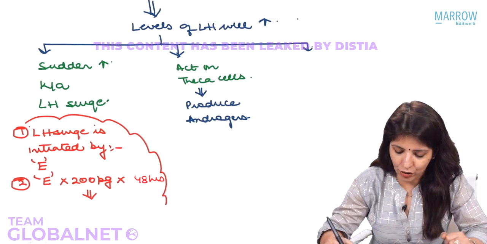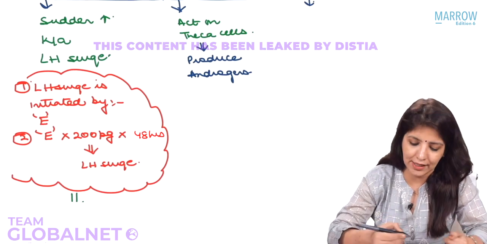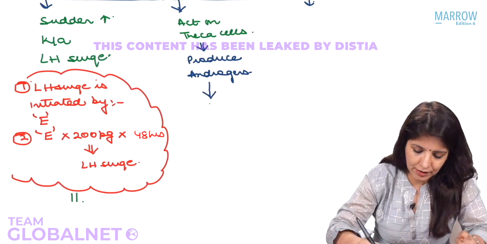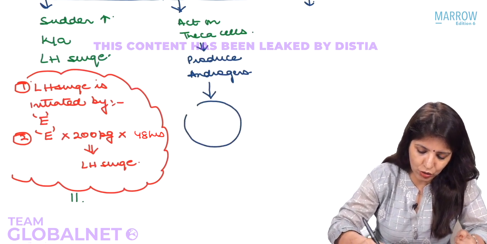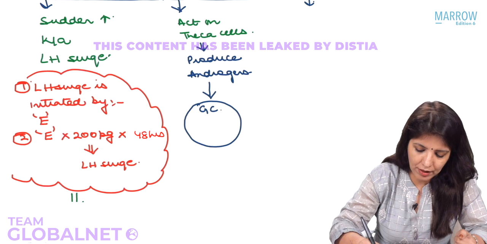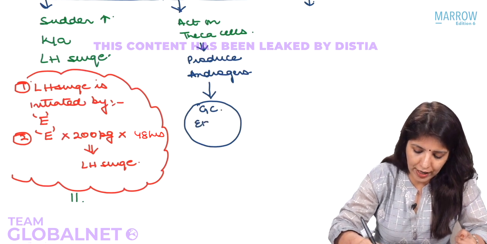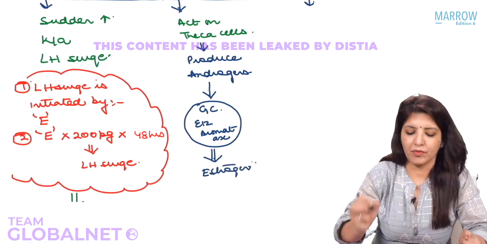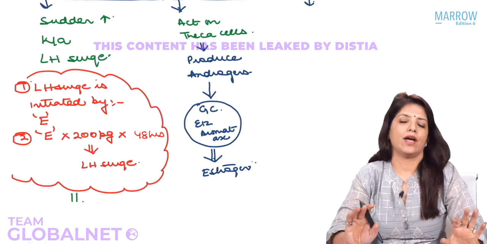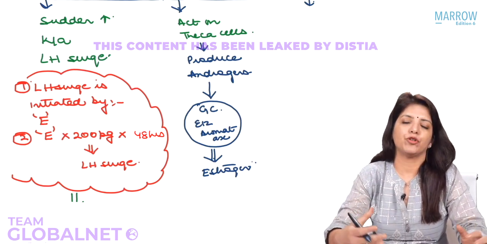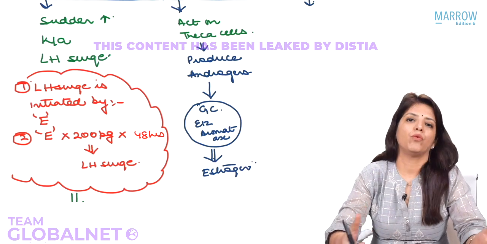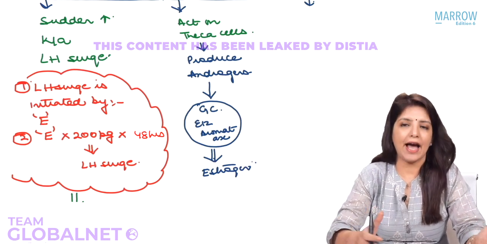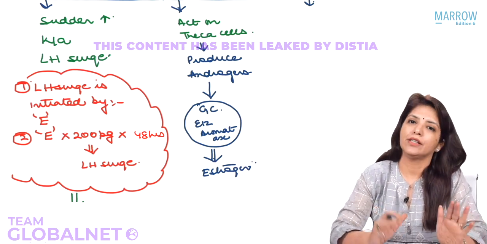Now, these androgens, which are produced by the theca cells, will go into the granulosa cells, and with the help of enzyme aromatase, they get converted into estrogen. So, LH acted on theca cells, it produced androgens, which went inside the granulosa cells and got converted into estrogen.